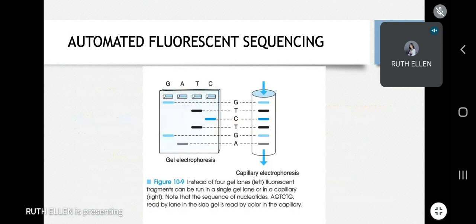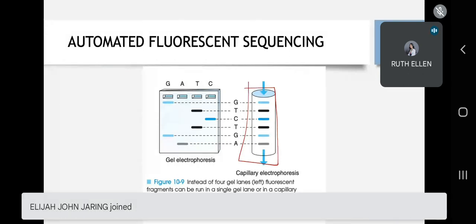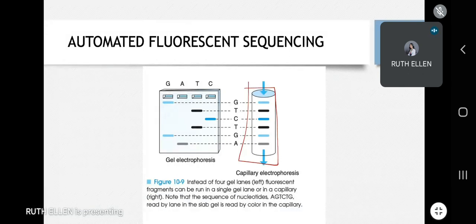Okay, so paano yung sa capillary? So instead of using a gel for wells, gumagamit na lang tayo ng capillary electrophoresis, which is also one kind of electrophoresis. And mabivisualize natin siya sa kulay nila. So in this case, galing kasi to sa book, yung kulay niya is more of gray, black, and blue lang.